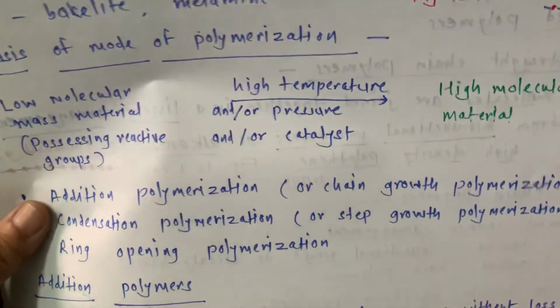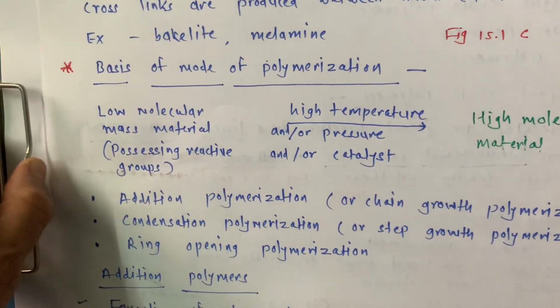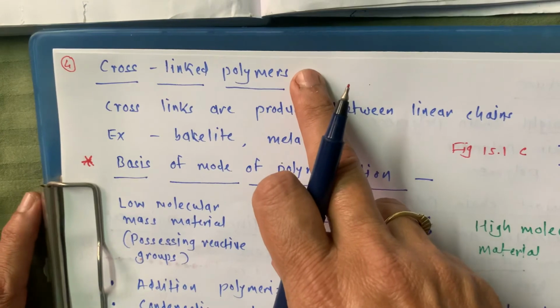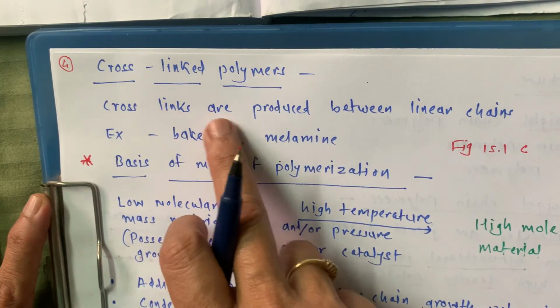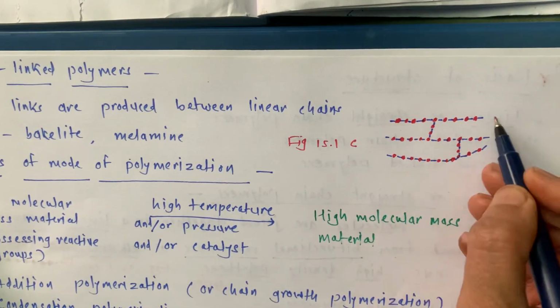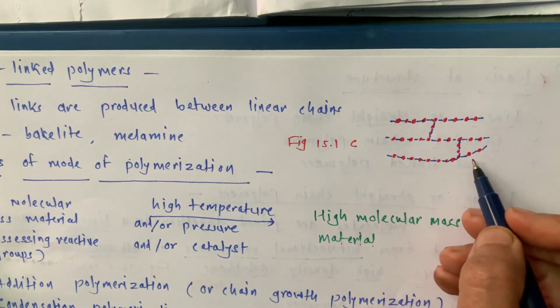Now one more classification based upon structure is cross link polymers. These cross links are produced between linear chains. Meaning what? This is one chain, this is another chain, this is another chain.